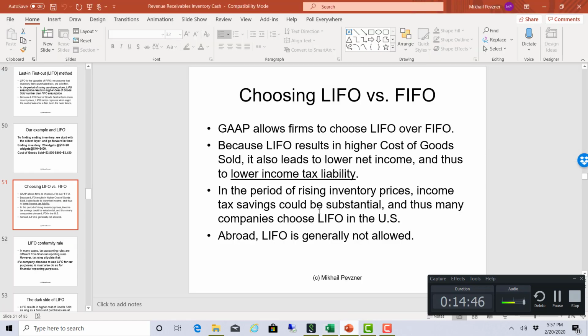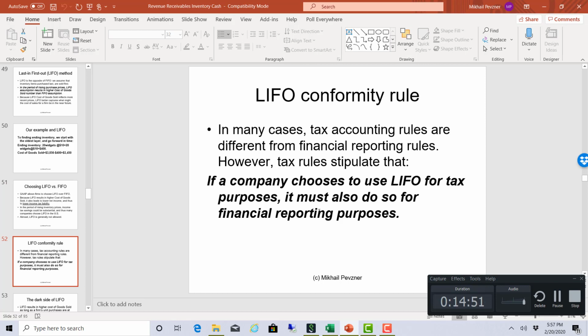And so for that reason, LIFO is preferred by companies who like to minimize their taxes. That's because under what's called the LIFO conformity rule by the IRS, you have to follow LIFO for both tax and financial reporting purposes.